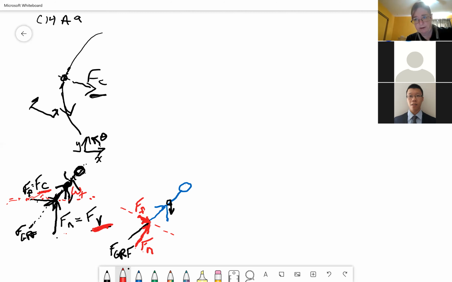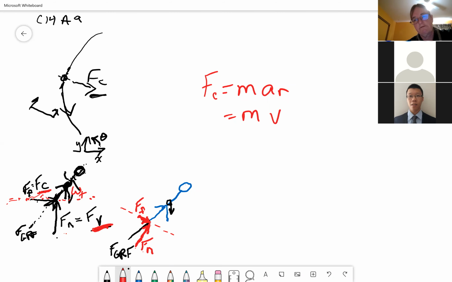Now, think about it. When are you going to need larger centripetal forces? Let's remember what centripetal force is: mass times radial acceleration, which equals mass times velocity squared over r. So we need a large centripetal force when the mass is bigger, when the velocity is bigger, and the velocity is the thing that we control the most, and of course, when r is smaller.